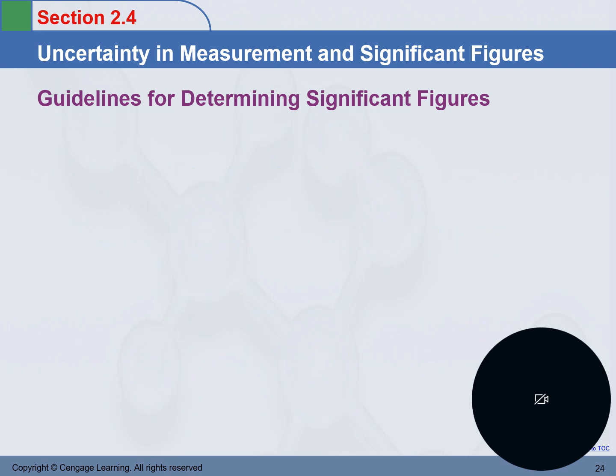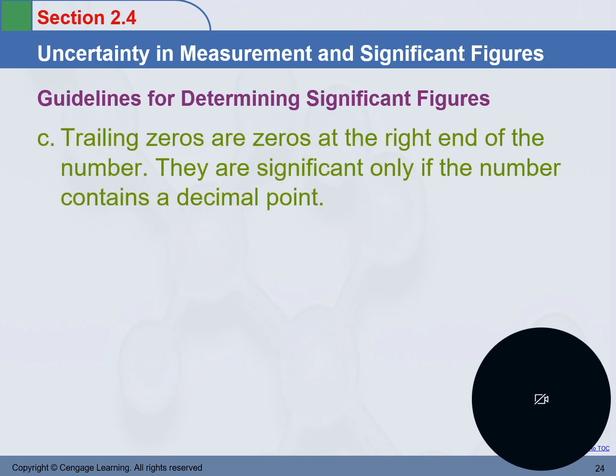And the last one is for trailing zeros. These are to the right of a number, and they are significant only if the number contains a decimal. So we have to watch the decimal. We'll look at a few examples. This one, there is a decimal there, so it's 9.300. There are 4 significant figures.